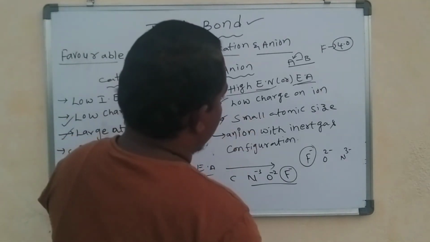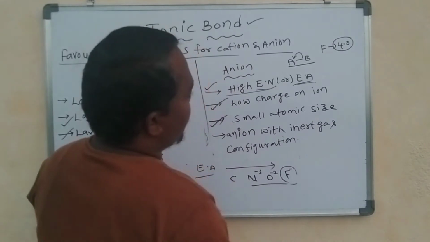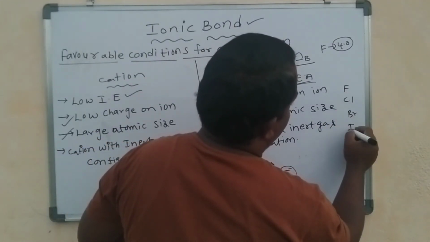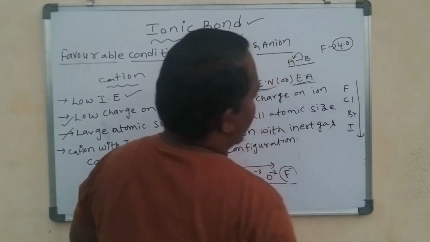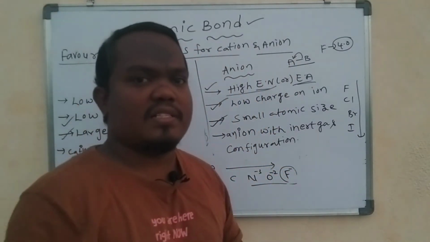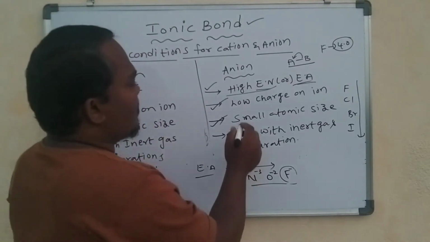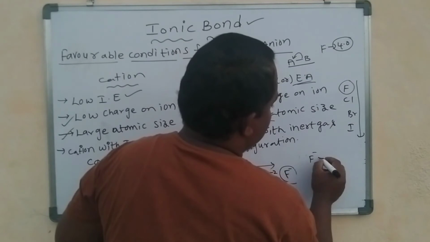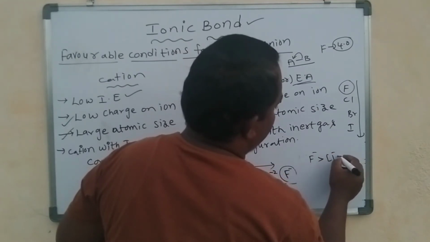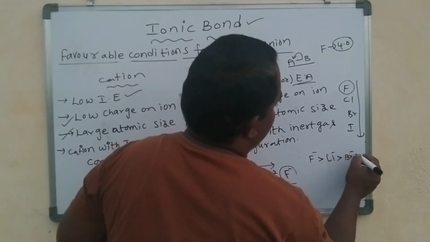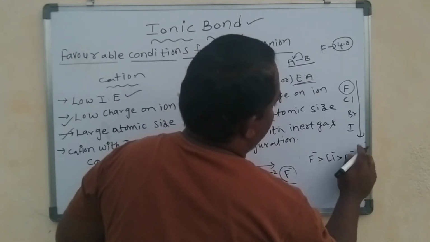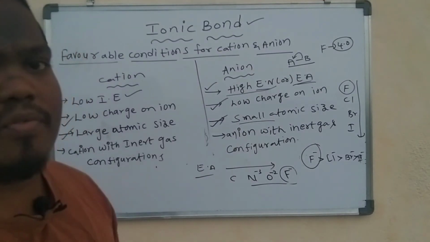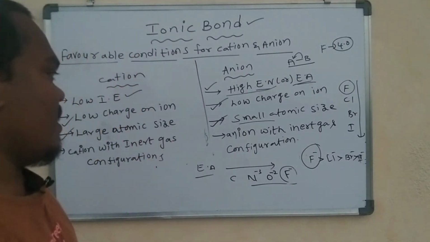When we observe the 17th group elements, fluorine, chlorine, bromine, iodine, from top to bottom the atomic size increases, but here we require small atomic size. So F- is more favorable when compared to Cl-, and Br- is more favorable when compared to I-. So the one with the smaller atomic size has more favorable conditions to form anions.